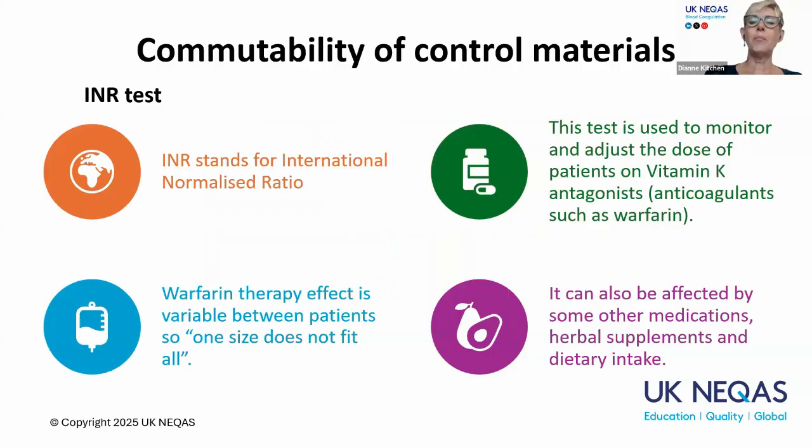So I'm going to mention commutability of the control materials that we provide. As an EQA organisation, we want to provide samples that are as close to the patient's type as possible. We call that good commutability, and that's what we always aim for. But it is a challenge with point of care.